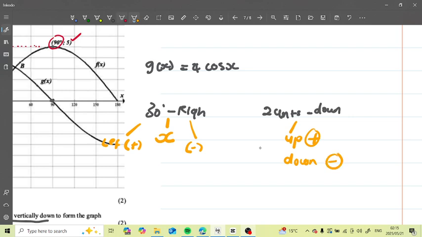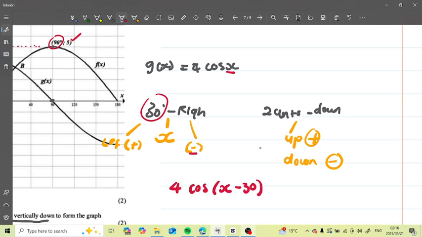Now, let us try and make this applicable to the question that we have here. We have 30 units to the right, and as mentioned, it's going to affect our x values. So this would now be 4 cos of x, and to the right we said it's going to minus. How much are we going to minus? We move 30 units to the right, so this is going to be minus 30.